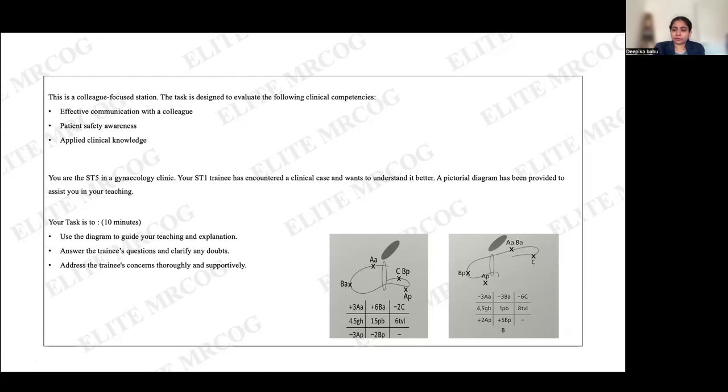As we know, the anterior part of the vaginal wall mostly comprises the bladder or the urethra. So accordingly, we are going to say that it is a cystocele or a urethrocele.